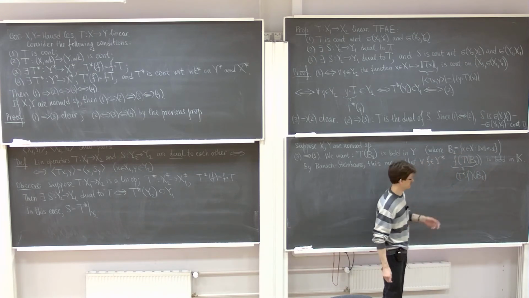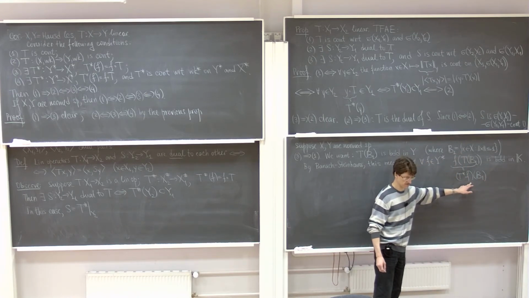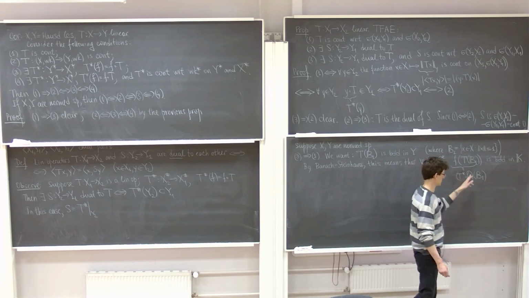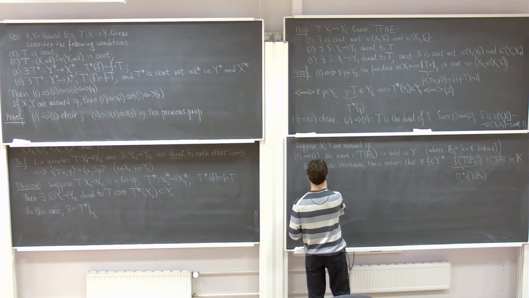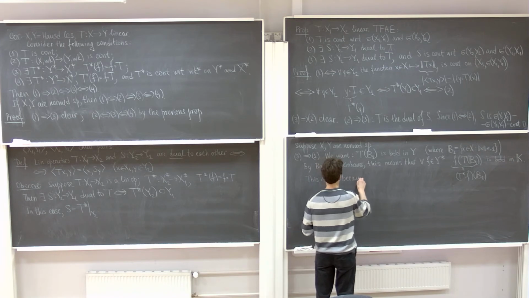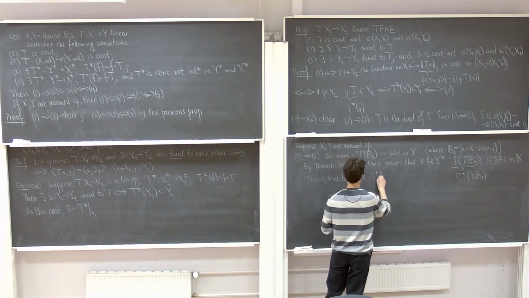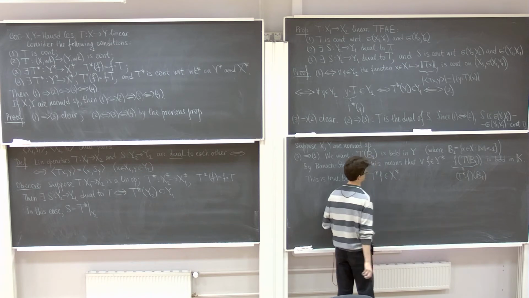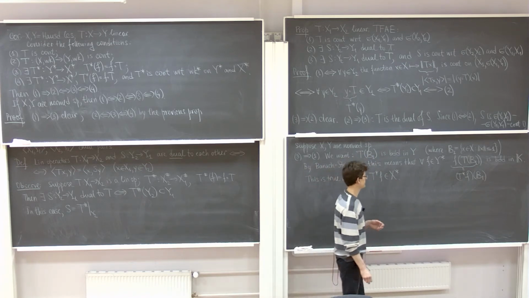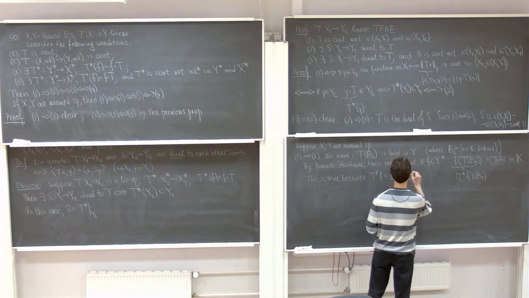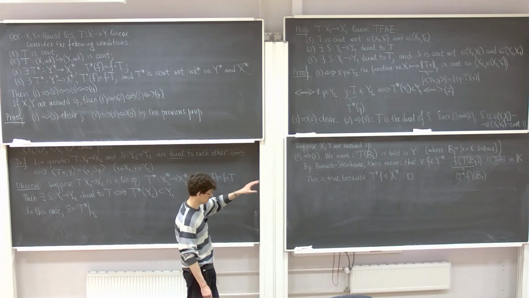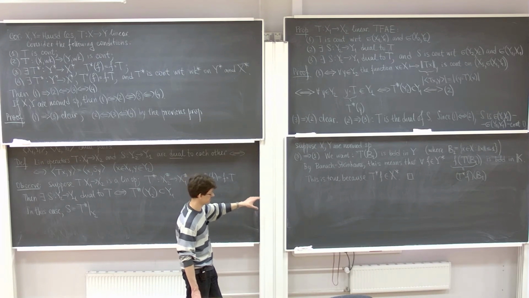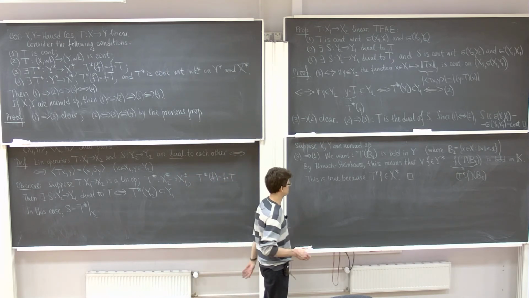And by assumption, T star of f is a bounded linear functional on X. So since it is bounded, this is also bounded. So this is true because T star of f is a bounded functional on X. And this completes the proof. So we see that the proof is short, but it involves a strong ingredient, namely the Banach-Steinhaus theorem.